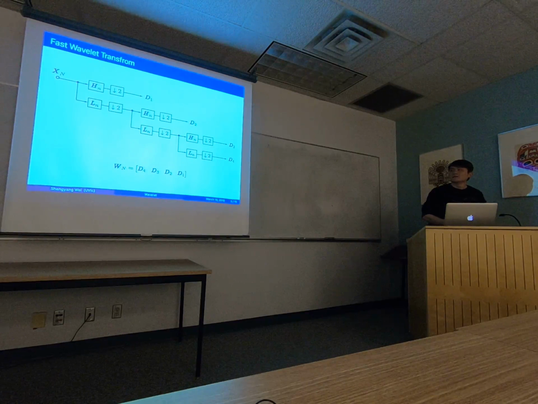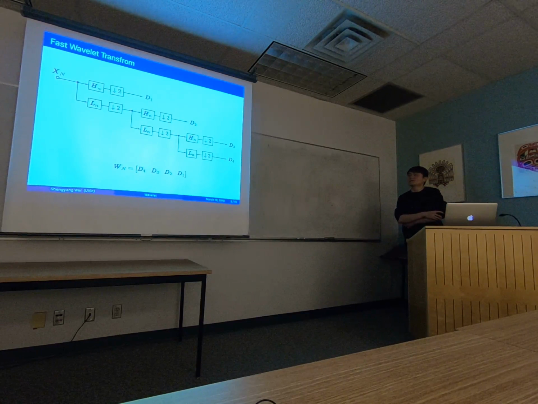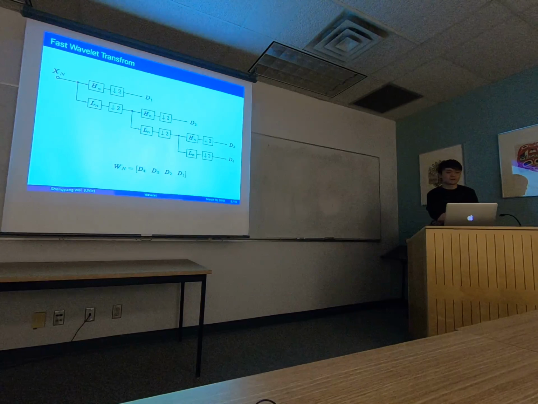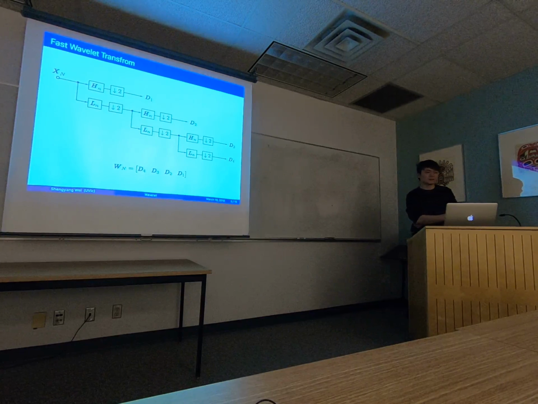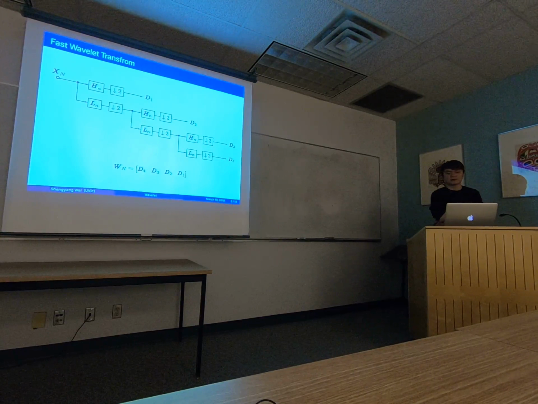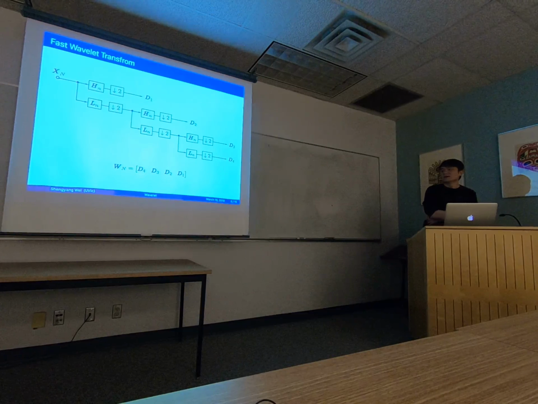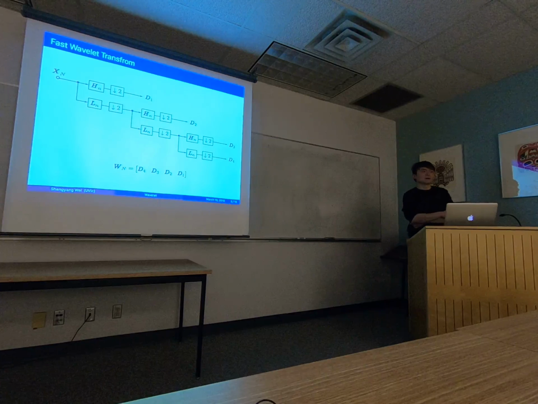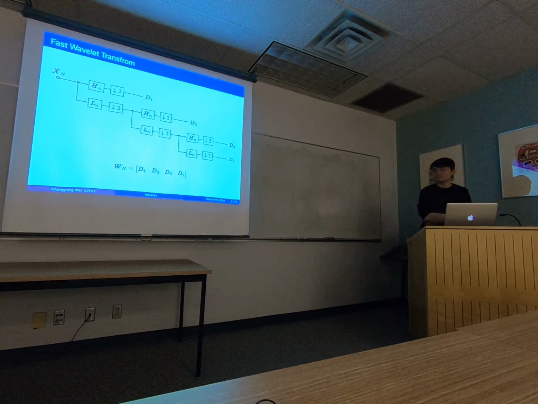So here's a basic form of the fast Wavelet transform. Generally, it's basically just a cascaded filter bank, and each filter bank involves a high-pass filter and a low-pass filter, followed by a two-fold downsampling.